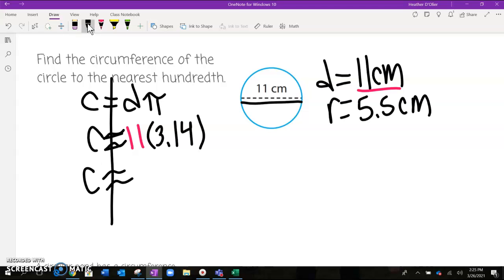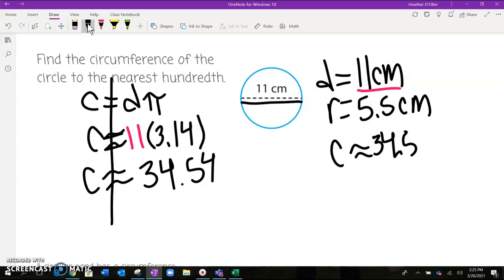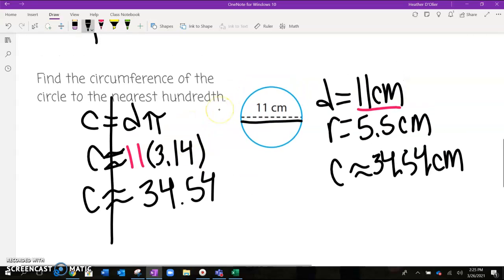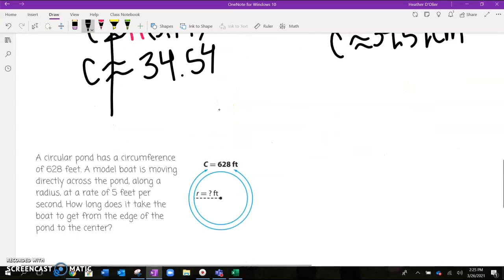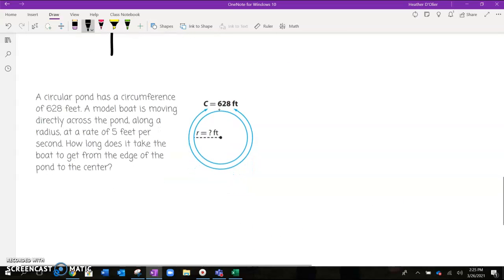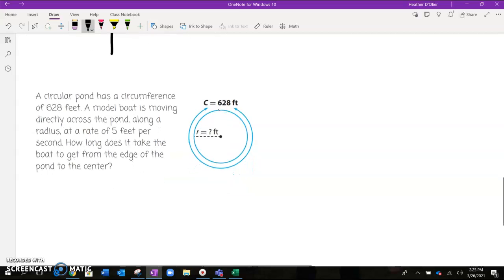So 11 times 3.14 equals 34.54. So the circumference of this circle is approximately 34.54 centimeters. That's with diameter, like we did before with radius.